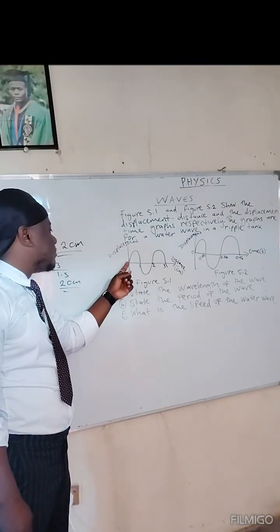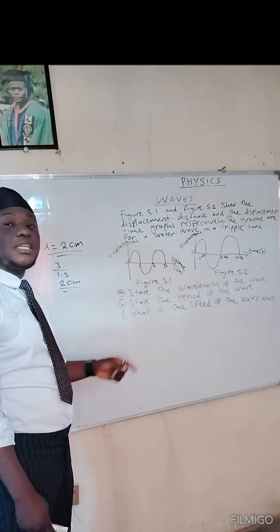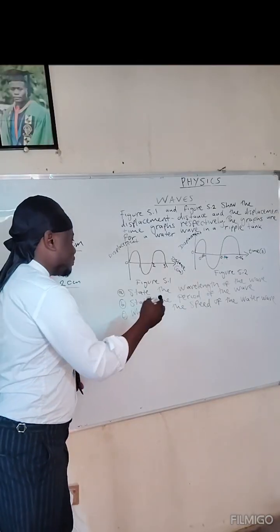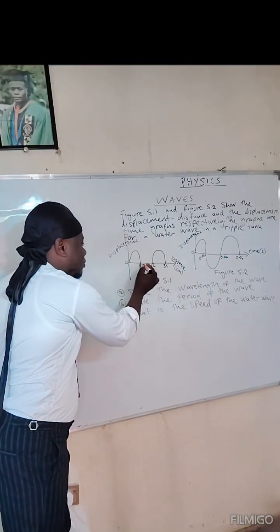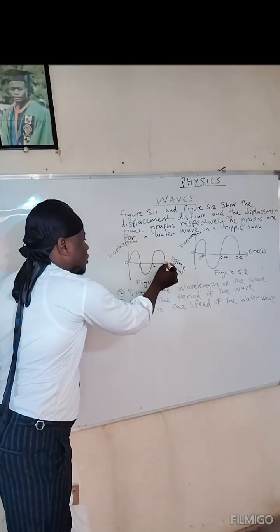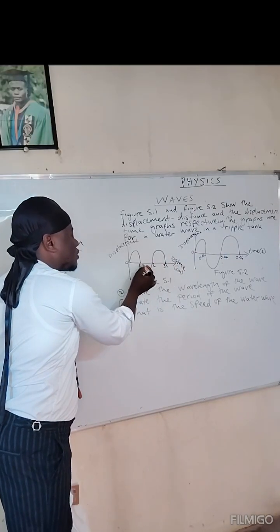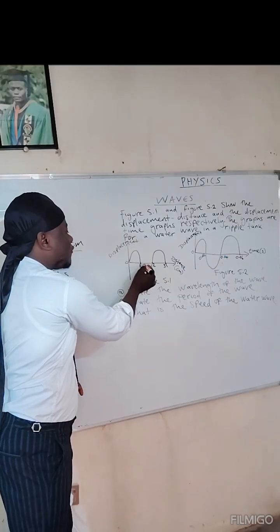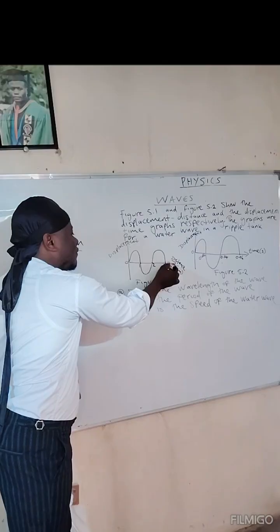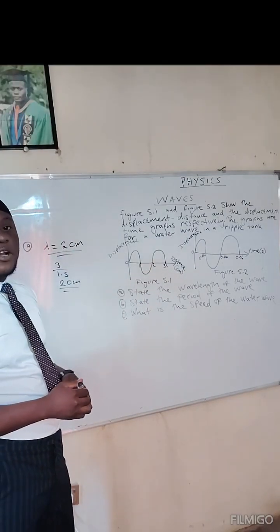In case there is also a number here, subtract to get the wavelength. Or you can also get wavelength from here up to here, from 1 up to 3. Now you can't just take 3, because we have to start at 1. So if you have a number here and a number here, for you to get wavelength, you say 3 minus 1. That will be the wavelength.